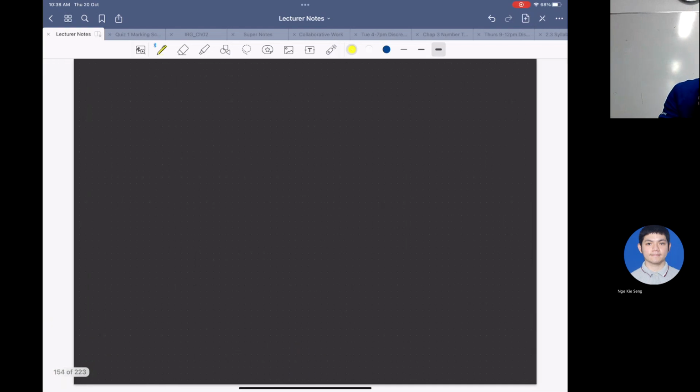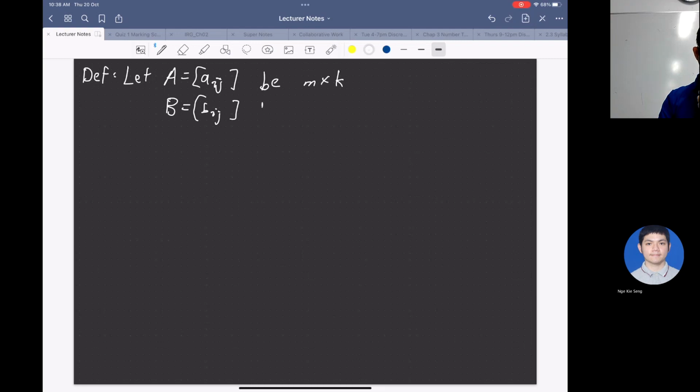Okay, and then we can define the Boolean product. You also have to make sure that they have the right size so that you can multiply them together. So this is M by K, and this one is K by N, both 0, 1 matrices.